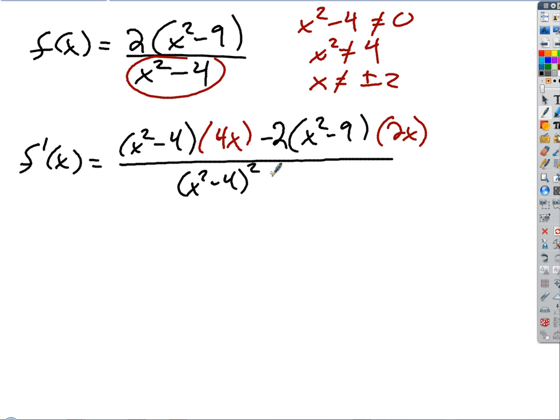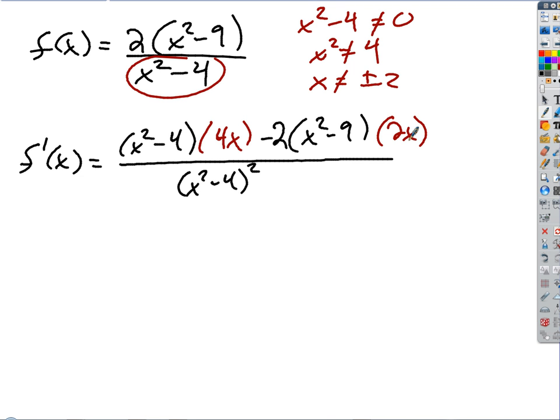It's going to be kind of a mess, but let's see if we can wade our way through this. Let's count the number of x cubes. How many x cubes are we getting from the first term? We get 4 if I distribute the 4x. So we get 4x cubed minus 4x cubed. Everybody see that?